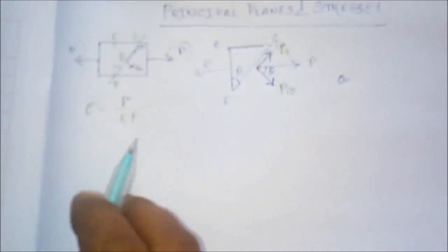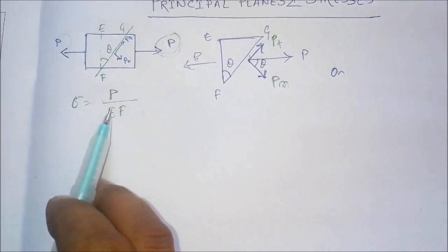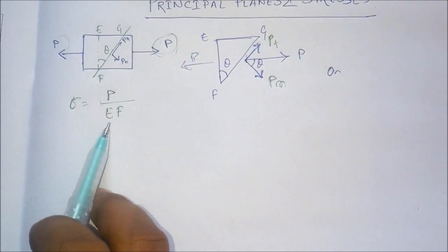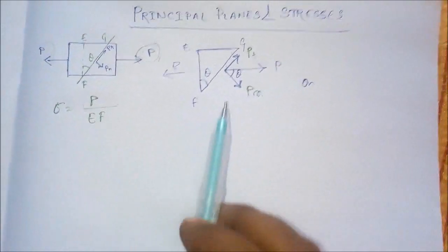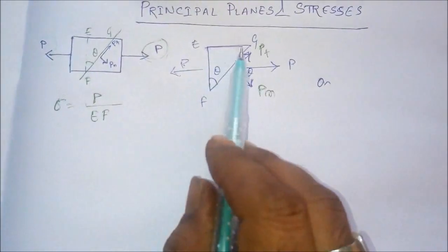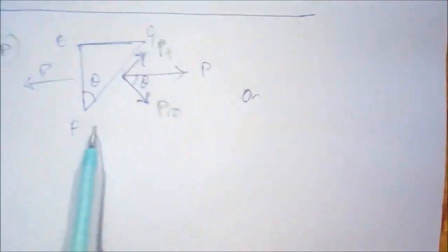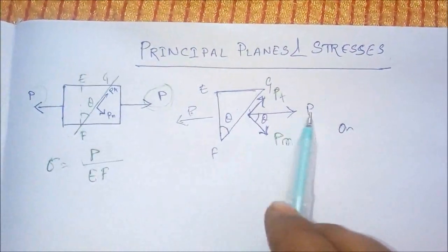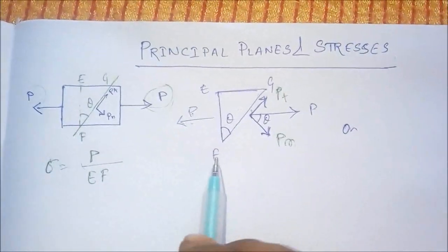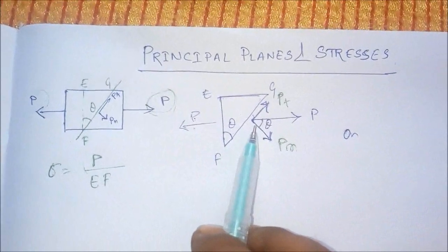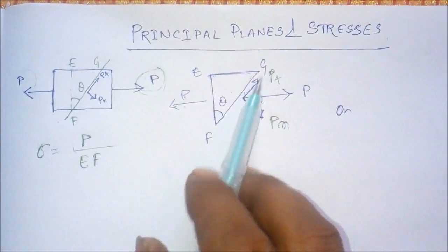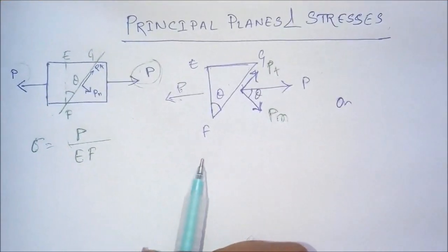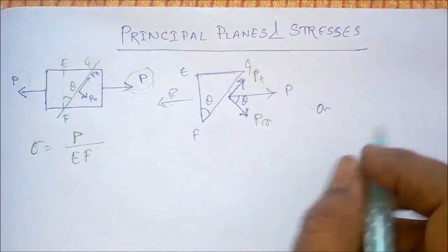If we take the thickness as unit 1, then stress will be equal to P divided by the breadth, that is EF. Now if we take this triangle EFG, then the force P will be acting like this, and this P will have two components on that plane, one normal to the plane and one tangential to the plane. Then what will be the values of Pn and Pt?